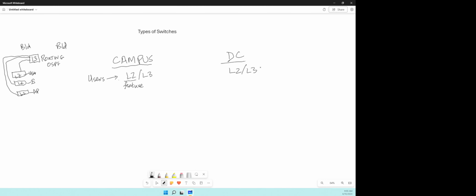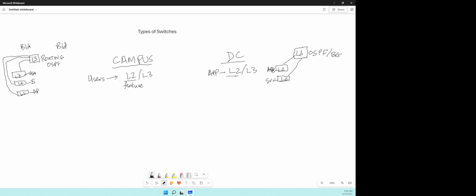Same is the case with data center. When you have L2 switches, you will have applications connecting to L2. So if I have to draw this, you have L2, L2, and you have apps and servers connecting to these L2, and then they go into an L3 core switch for the data center where routing is taking place.